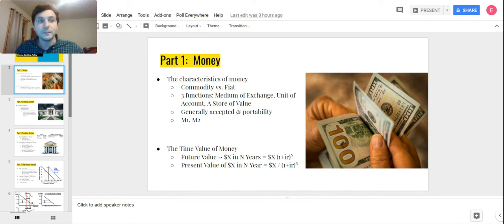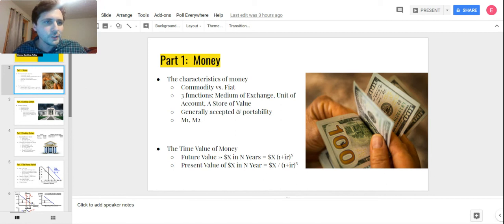Things that take an additional step. I can turn them into a medium of exchange, but I have to sell them first. So I can have bonds that are sold and get that money and use it as a medium of exchange, but I can't purchase something with my bond. I need to transfer it into cash or a checkable deposit first. That's the difference between M1 and M2.